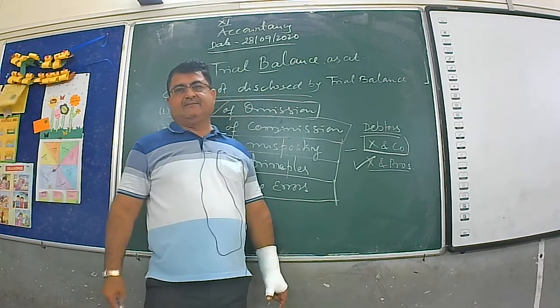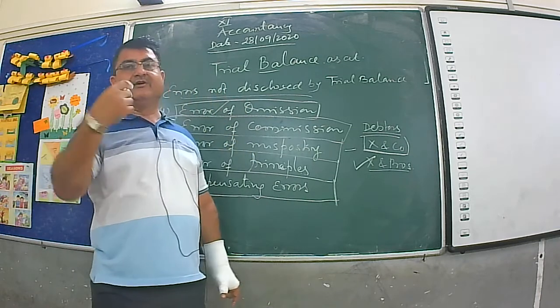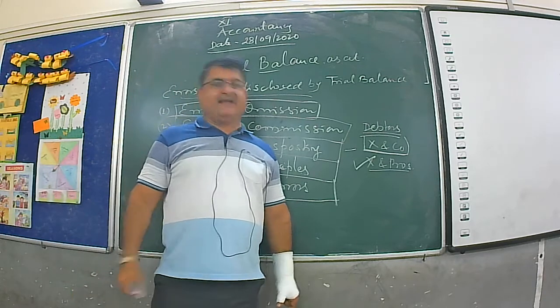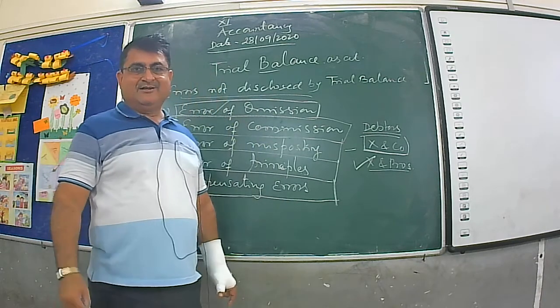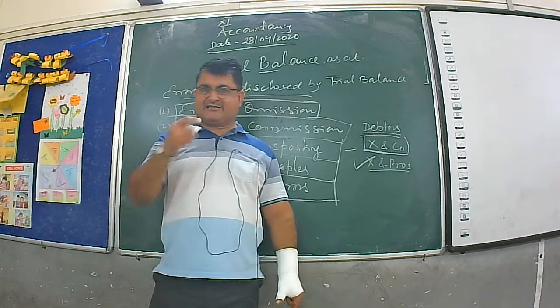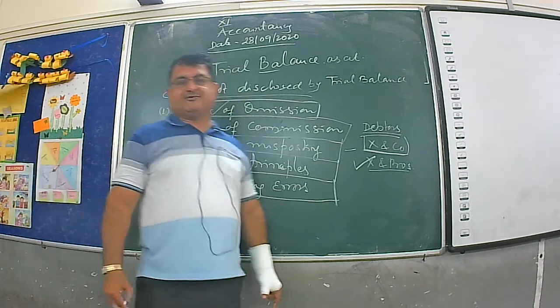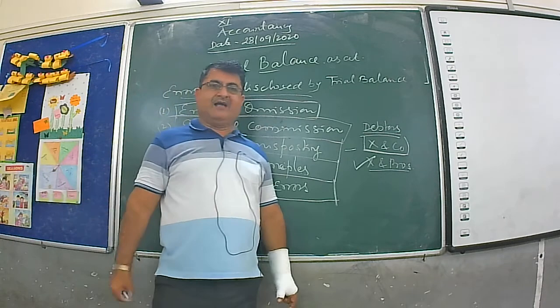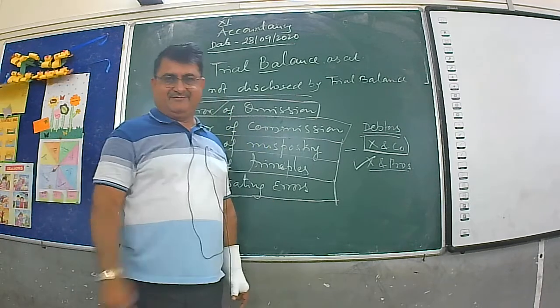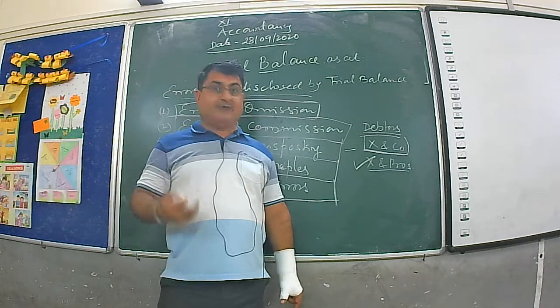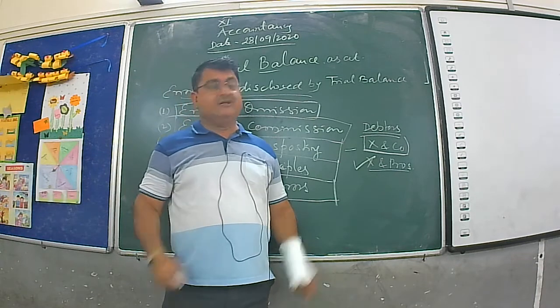For instance, salary of 1000 rupees was paid and it was debited by 100. So 900 less salary expense was shown. Similarly, interest received of rupees 1000 has been shown as rupees 100. So here the credit income too has been shown less by rupees 900.